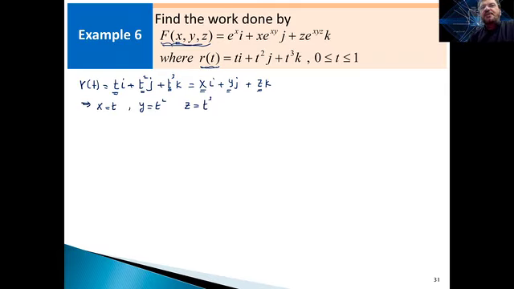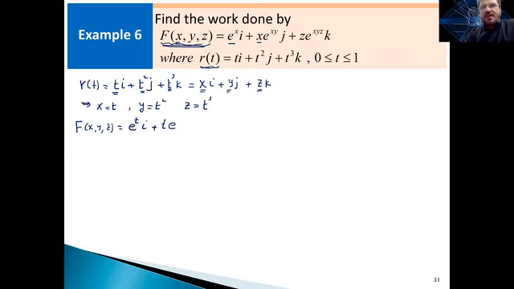So I'm going to go back to my first function, f of x, y, and z. I will replace everything with t. So look at this. It's e to the x. What's x now? X is t. So this is e to the t i plus x, which is t, e to the x times y.